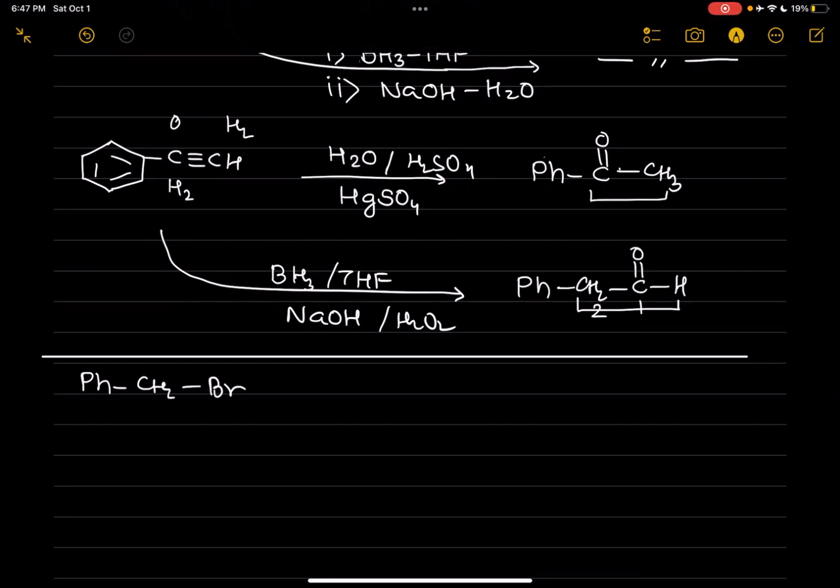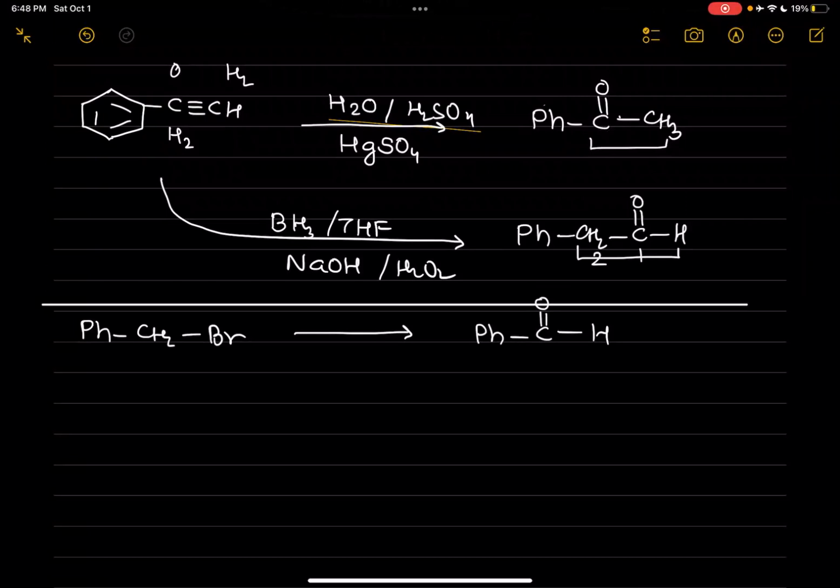If you have PhCH2Br, how are you going to convert it into PhCHO? How are you going to convert this Br to a double bond?